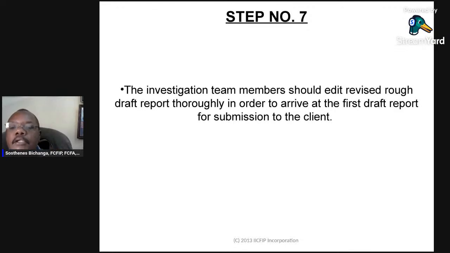Once the investigation team is satisfied that they have done everything according to the terms of reference and the investigation plan, then they have to sit down and edit the rough draft report thoroughly to remove all the excess words, to remove all the repetitions, to remove the unnecessary sentences, to ensure that the report is grammatically correct before arriving at the first draft to be submitted to the client.